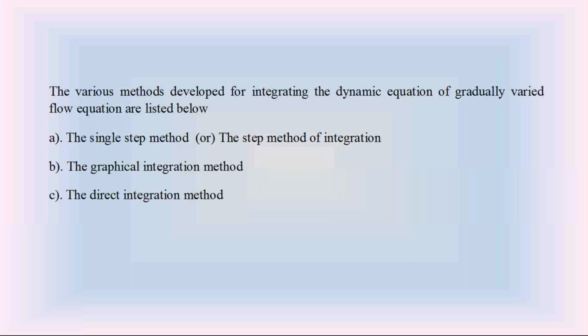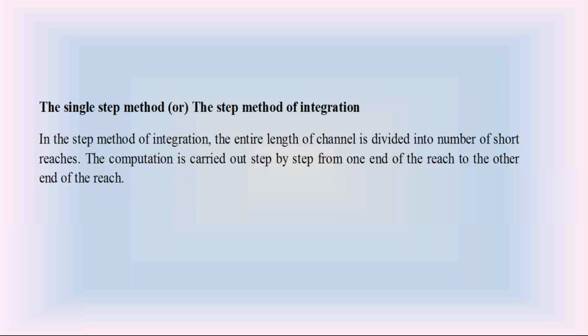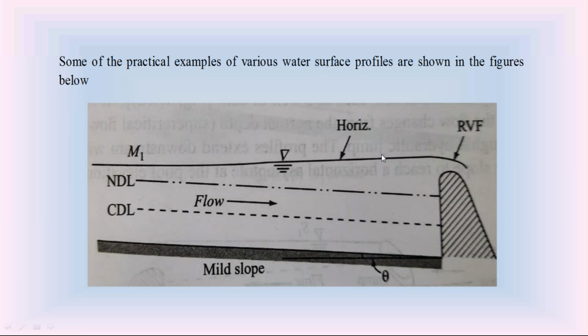Now, what is this step method of integration? It is used to find out the length of either the backwater surface profile or the drawdown surface profile in open channels. In the step method of integration, to find out the length of this water surface profile on the upstream side of the dam or the weir, first we separate this entire length into small portions.